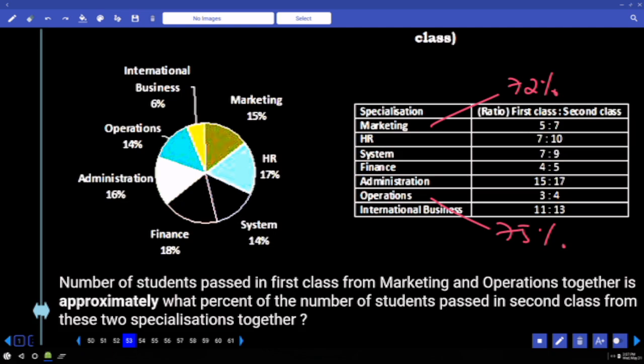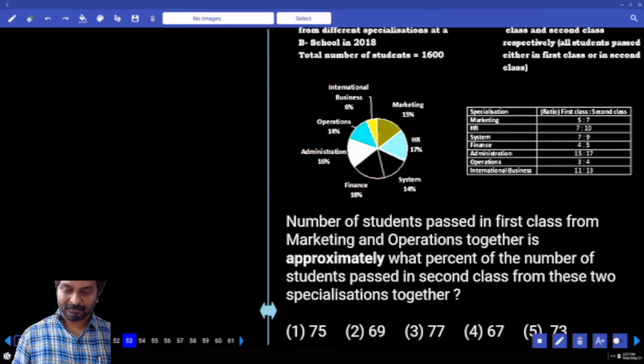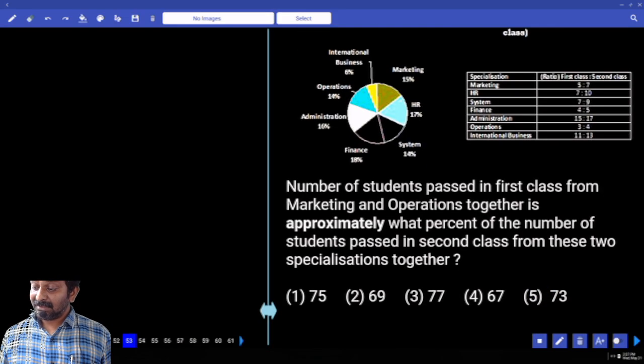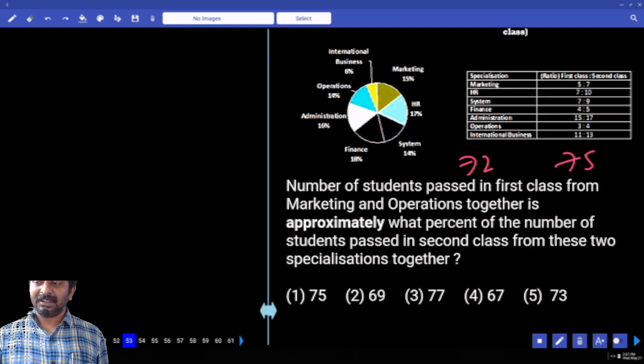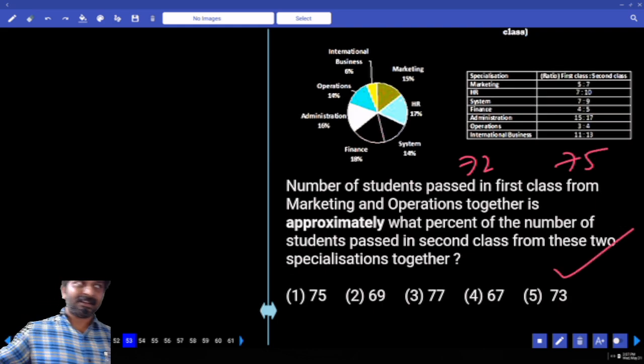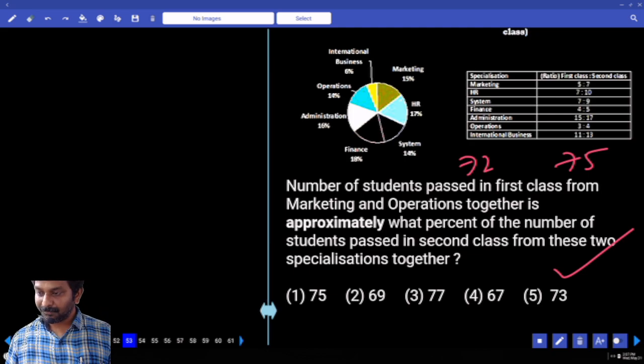Go to options. Only one. Understood? That's how I calculated. If you can recollect numbers that I have written, I wrote 72 and then 75 and then I said 73, tick mark. That's what I did. Okay now.